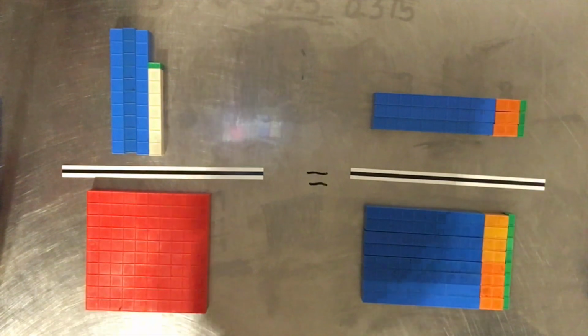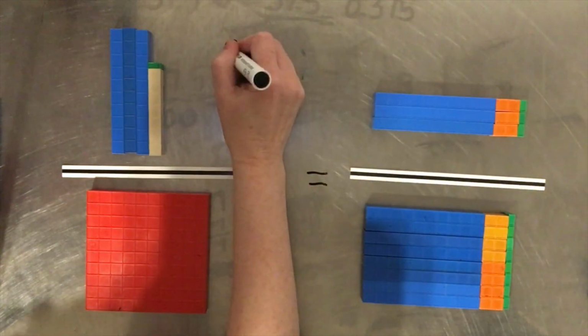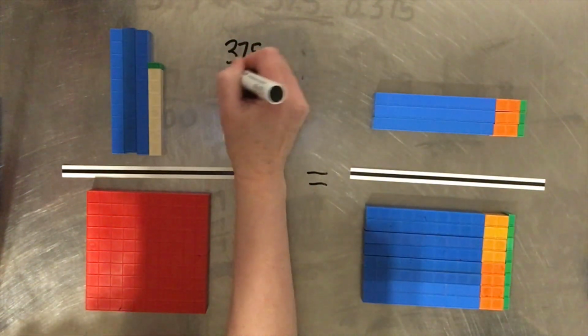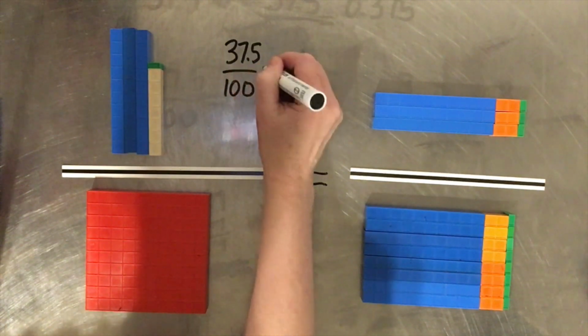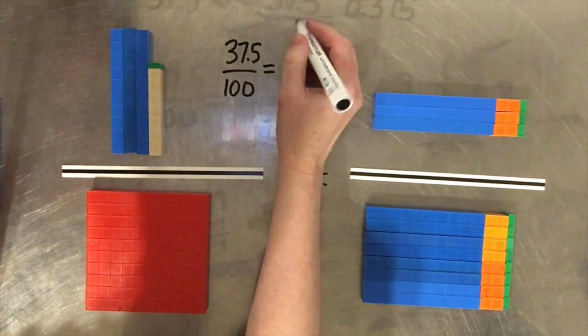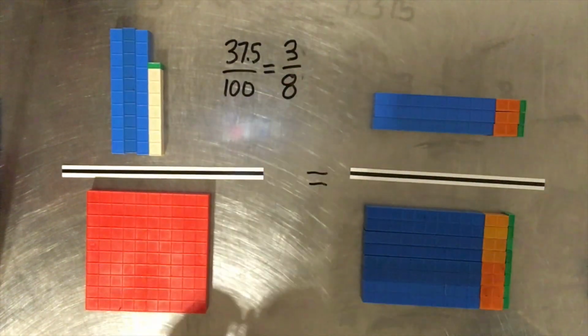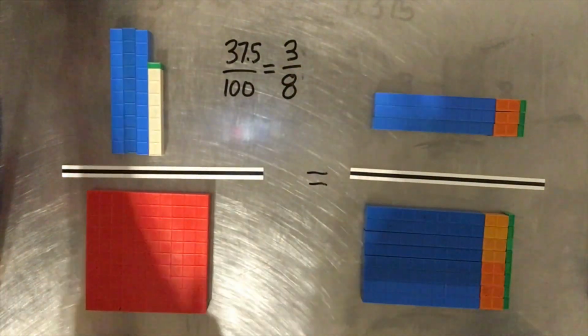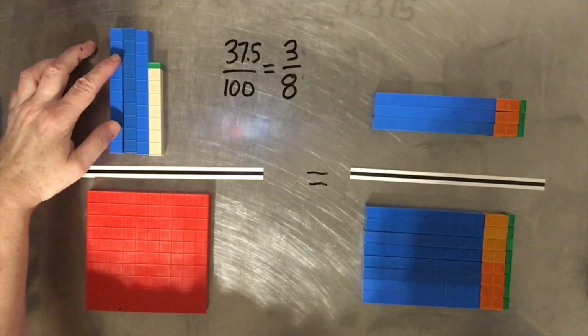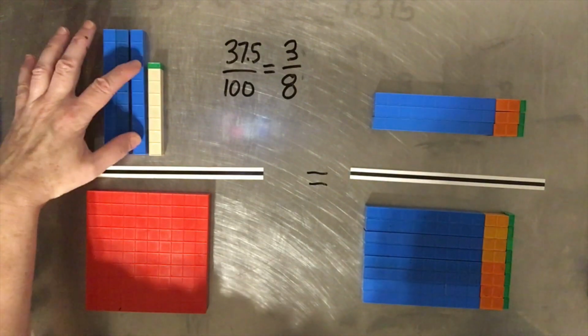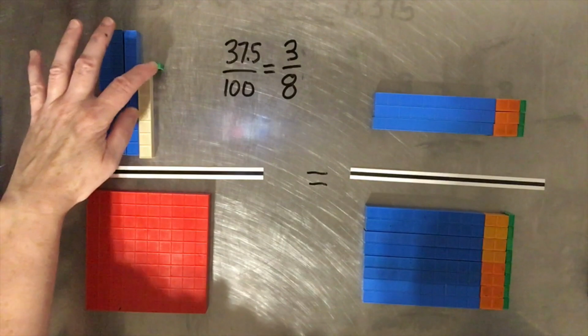Okay, so you were asking about 37.5 out of 100 and how that is the same as 3/8 and why. So 37.5 hundredths is the same as, if you're counting hundredths, 10, 20, 30, 37.5.